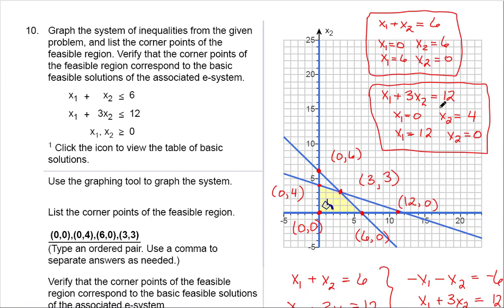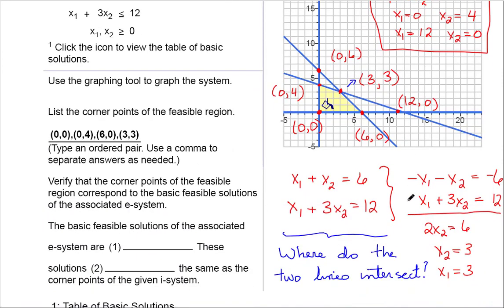On the other one, setting it equal, when the first is 0, the second one is 4. When the second one is 0, first one is 12. So what that gives me is all the corner points. What's missing is where is the intersection of those two.